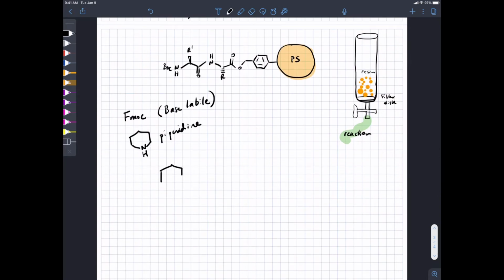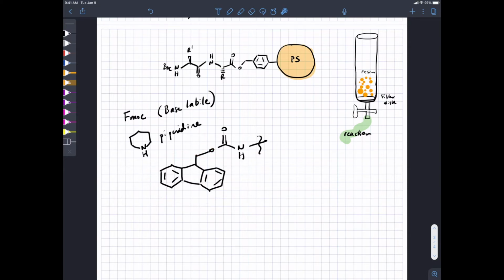The FMOC protecting group stands for this huge, horrible behemoth attached to a carbamate. So this portion is exactly like BOC, but remember in BOC, the thing that was attached to the oxygen was a t-butyl group.